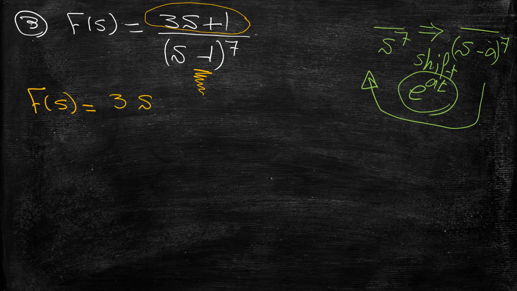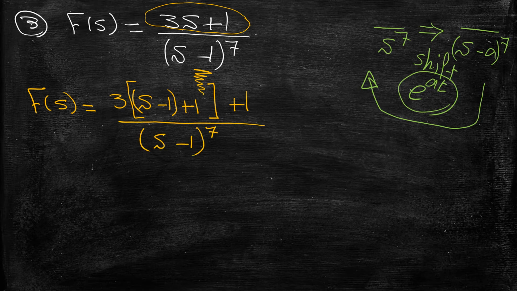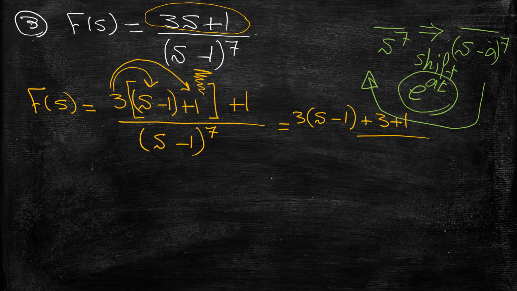So I will make this s minus 1 plus 1. So we did nothing here, and this is plus 1. And then (s minus 1) to the power 7 is still the same. For simplification, we arrange this term as 3(s minus 1), so 3 here and here, and there is plus 3 and plus 1 over (s minus 1) to the power 7.